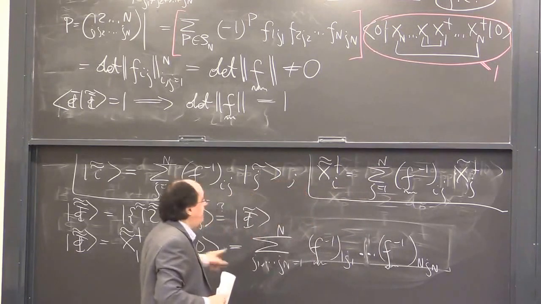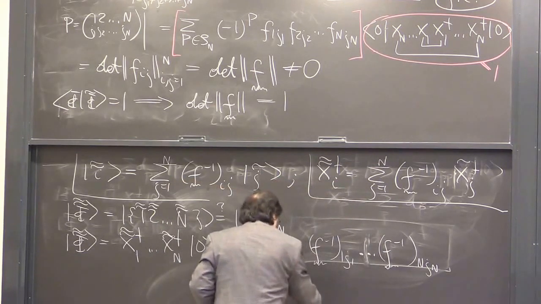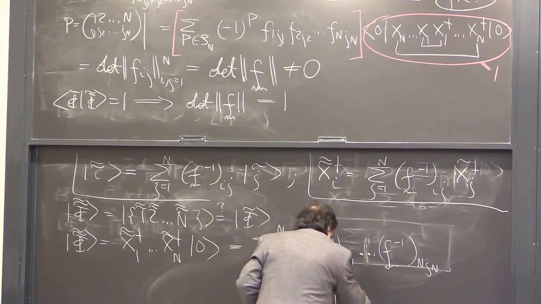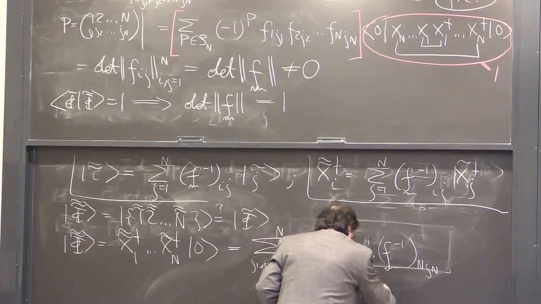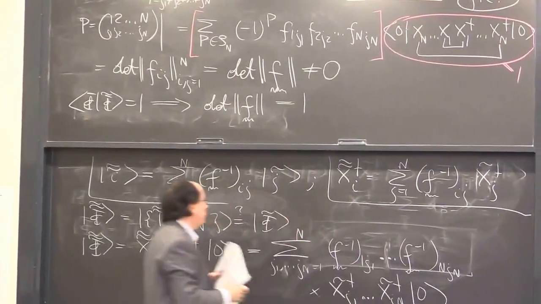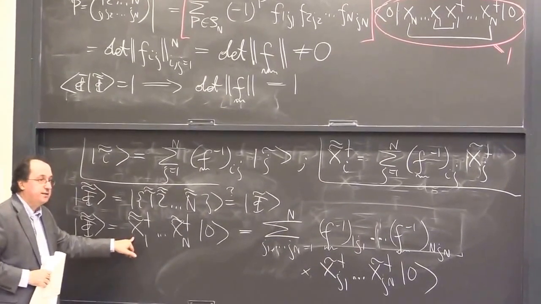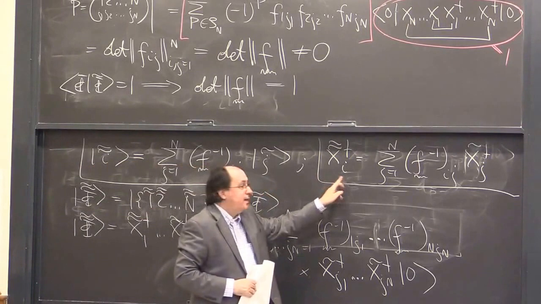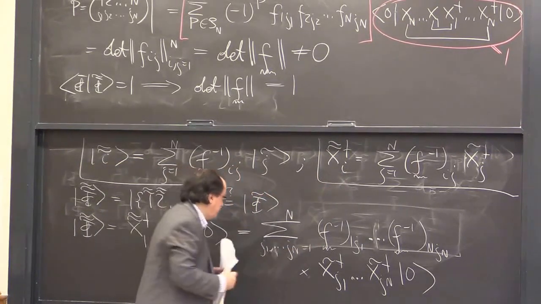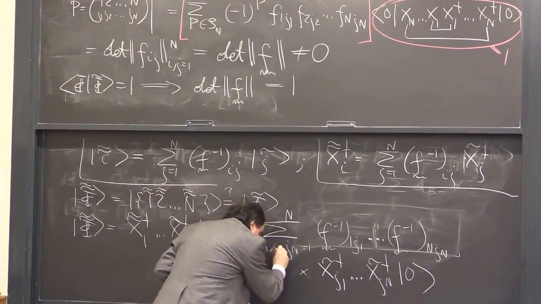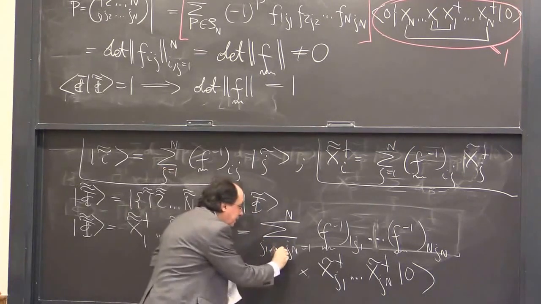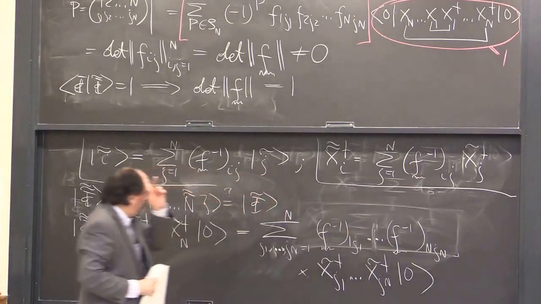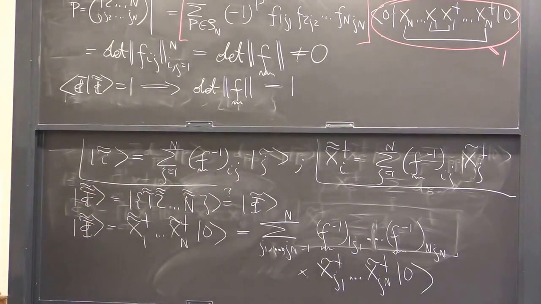And then we'll have a product of x j1 tilde dagger through x jn tilde dagger, all acting on the true vacuum. So all I did right now is replace each of these x dagger operators with two tildes by this formula. So we end up with a summation over j1 through jn, then the product of these f to the minus 1 matrix elements, and then the product of tilde x dagger operators.